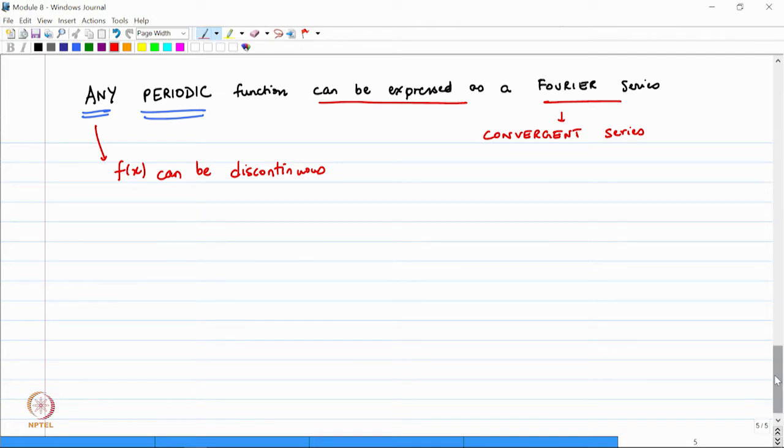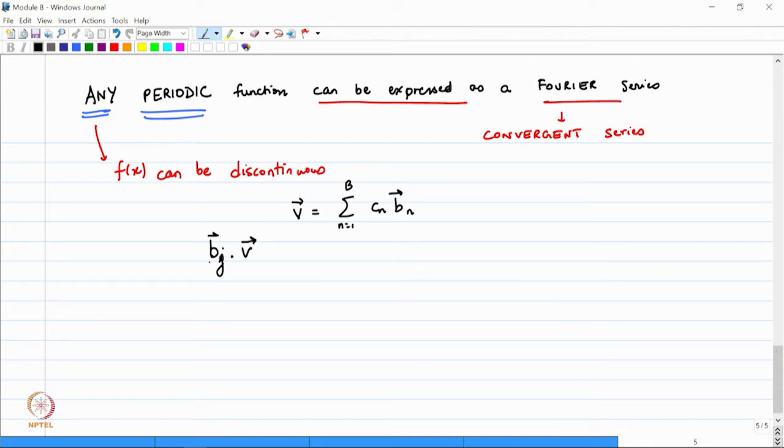Now a few more things I want to mention about Fourier series. Let us get back to our vector. So when we write v is equal to sum over n equal to 1 to b of c n b n, these are basis functions. Suppose I do b j dot v.